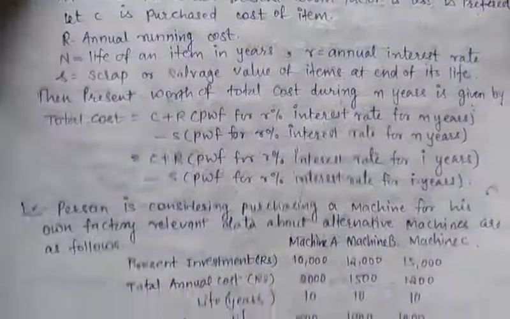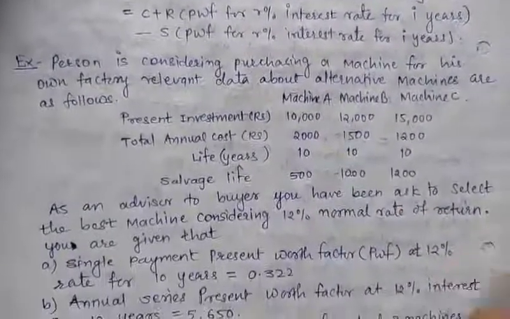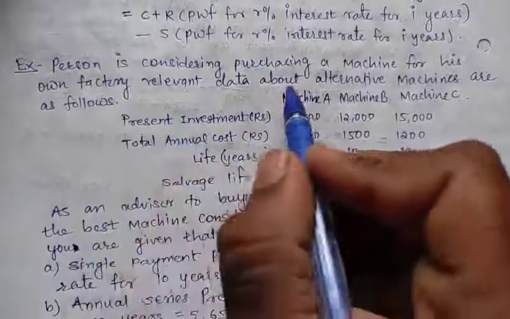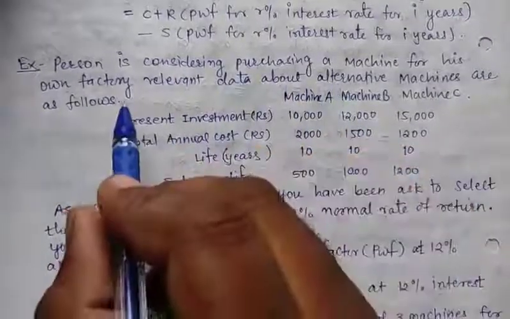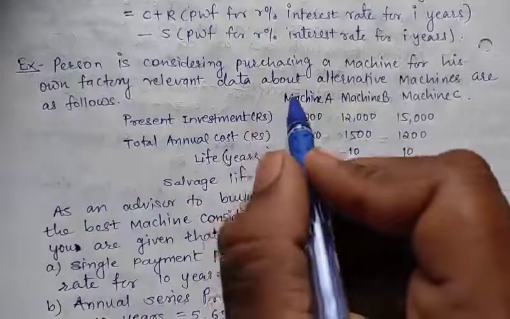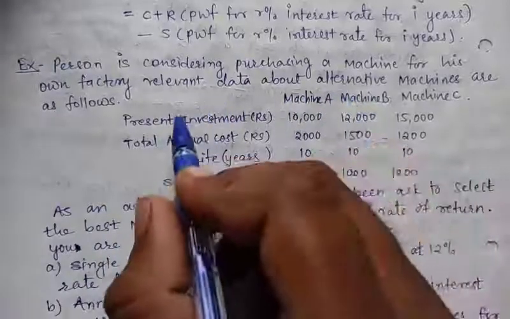Now we will see the example. A person is considering purchasing a machine for his own factory. Relevant data about alternative machines are as follows.